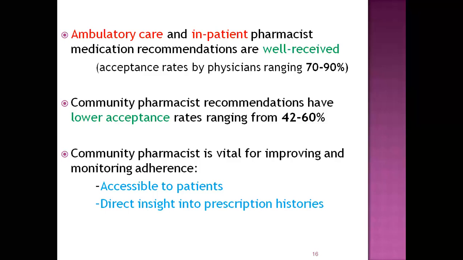This community pharmacy is also helpful for monitoring, and it is easy to access, for avoiding non-adherence and achieving complete medication adherence in patients. The community pharmacy has a vital role in medication non-adherence. It is easy to access patients, with direct insight into the prescription history through the pharmacist.